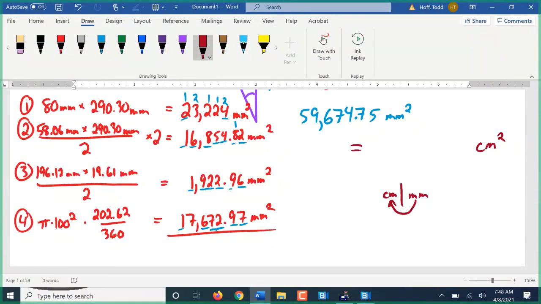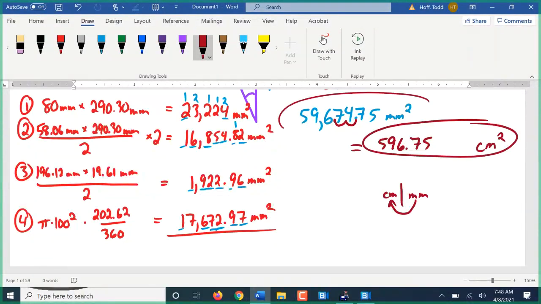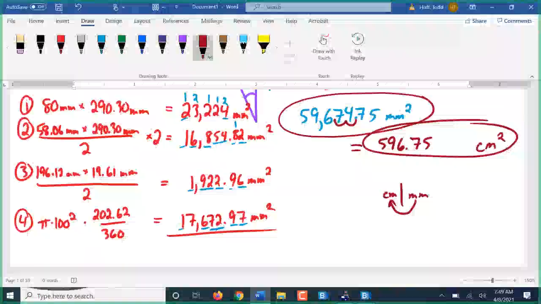So it's moving the decimal point 2 decimal places. That makes this 596.75, if we round it, centimeters squared. Now this answer is acceptable as well. I just wanted to review making that conversion with our units of area.